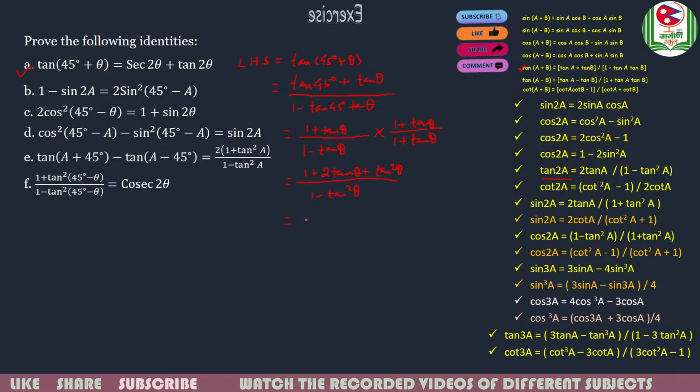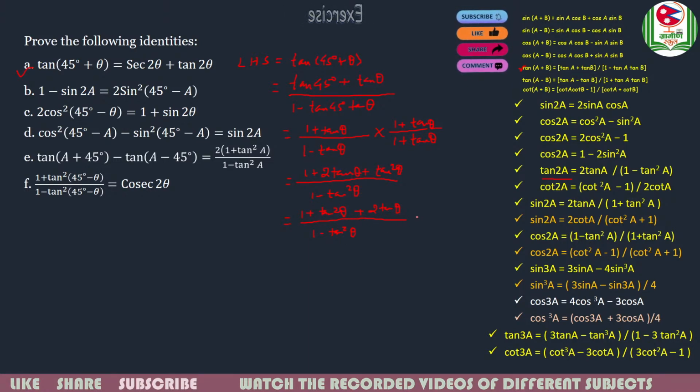We will apply some tricks for that. Let's write 1 plus tan squared θ on one side combined, and then plus 2 tan θ separately, and the denominator is 1 minus tan squared θ.